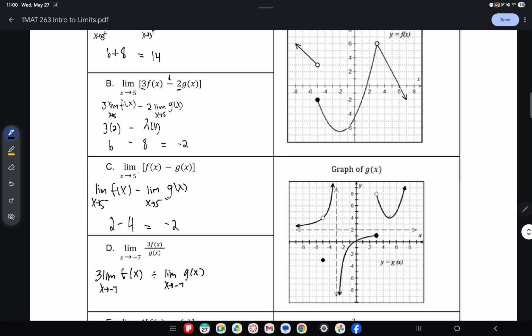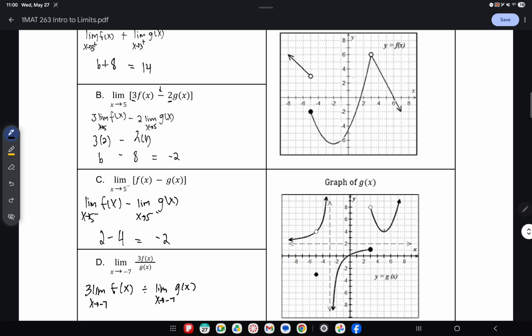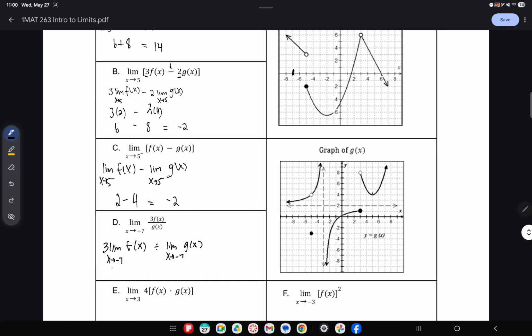So f of x, we'll scroll up here, and we want negative 7, which is right here. And that limit looks to be 5. All right, so because I'm out of space, 3 times 5 is 15. And now negative 7, and we're approaching what looks like 3. All right, so 15 divided by 3 is 5.